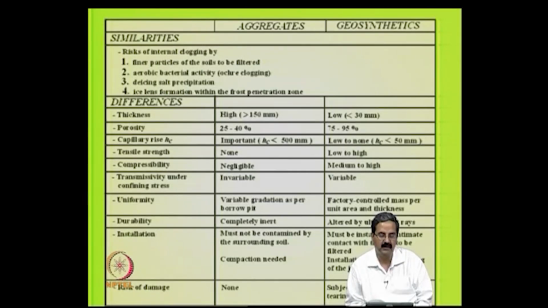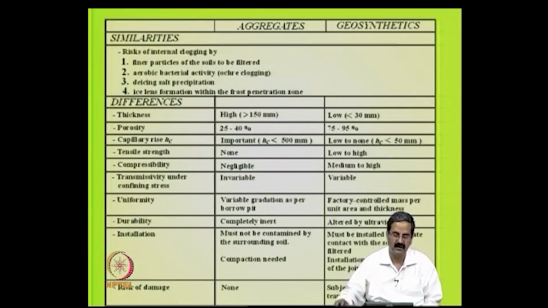These lead to some difficulties in filtration, then ice lens formation, and other things. Anyhow, most importantly we need to avoid this, and we should understand the difference between conventional filters, like sand, and geosynthetic filters.